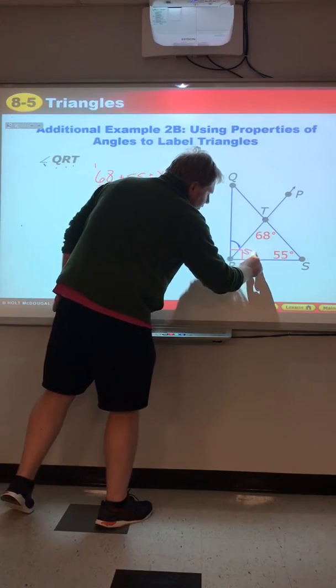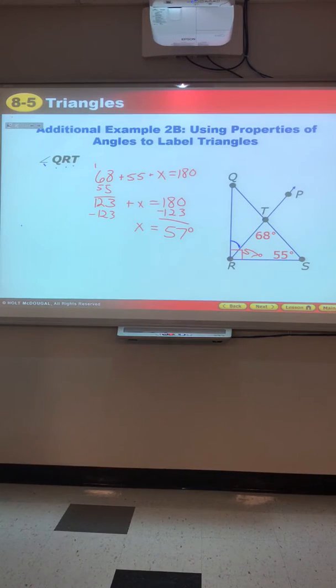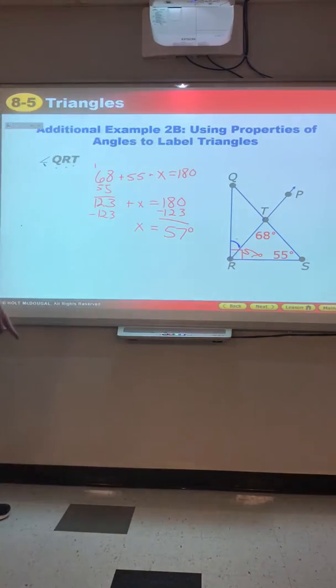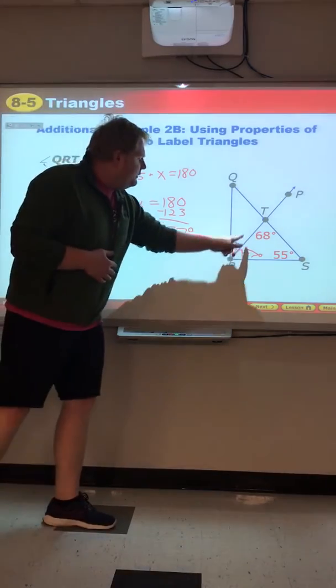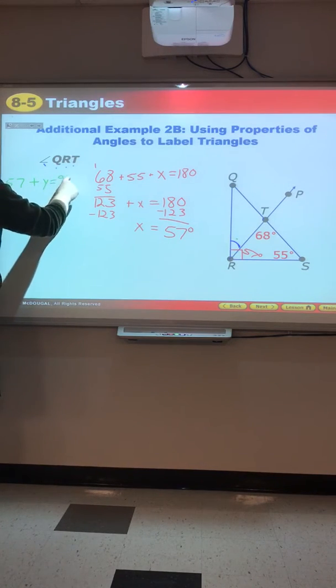Now 57 degrees, that's a whole wonderful thing. But I didn't want to know that angle. I wanted to know that guy. So, I have a 90-degree angle divided into 2. So 57 plus the angle I don't know, let's call it Y, equals 90.